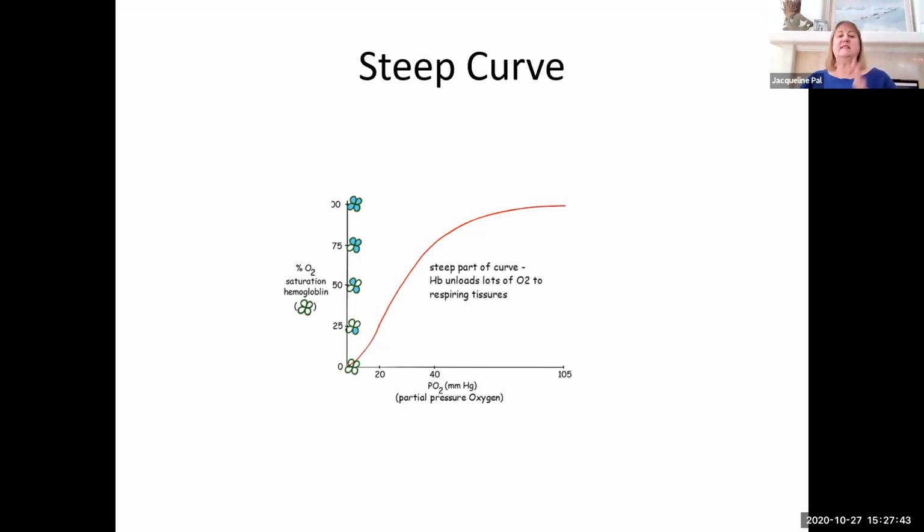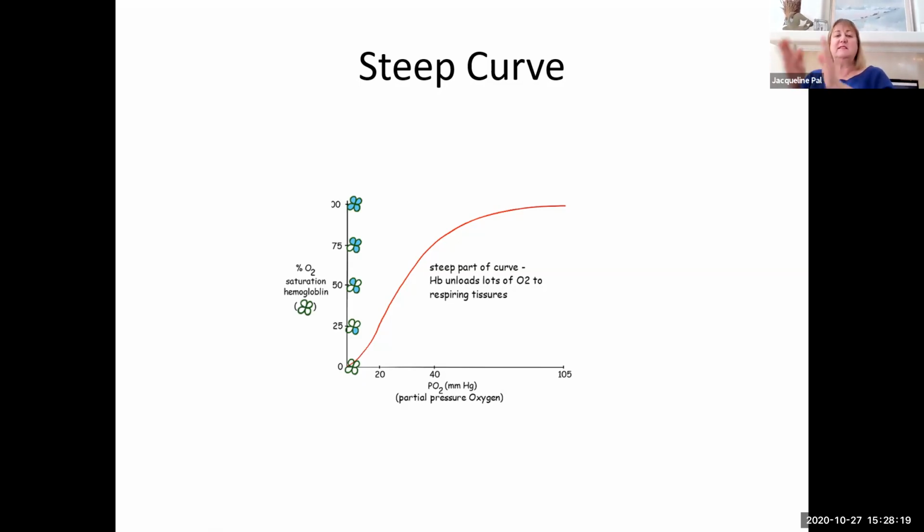In contrast, the steep part of the curve is showing how easy it is for oxygen to be offloaded from the hemoglobin. As the partial pressure of oxygen is falling, as you're going from highly saturated arterial blood in the lungs to, for instance, where blood is in the tissues, more and more oxygen is going to be offloaded in the steep part of the curve.